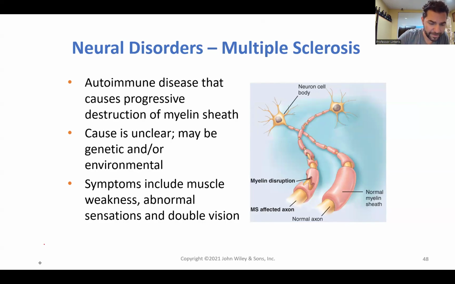So we have MS, or multiple sclerosis, right? It is an autoimmune disease that causes progressive destruction of the myelin sheath, right? So here, that myelin sheath is being destroyed. Not 100% sure about why, right? Most autoimmune diseases aren't really fully understood.